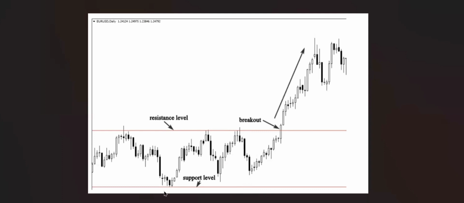So in a ranging market, price hits the highs and the lows and finally breaks out of that zone. There will almost always be pullbacks, and be rest assured that the pullback is going to rest on the level that served as resistance previously. It will automatically become a support.